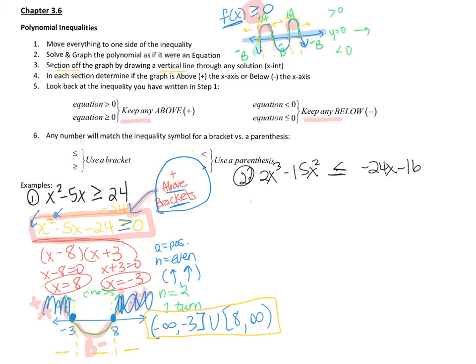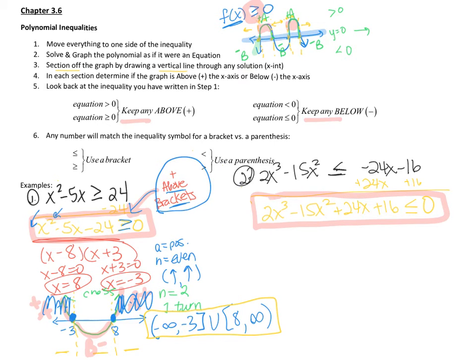So I'm going to move everything to the left. I'm going to add that 24x and add that 16. So my inequality is going to be 2x cubed minus 15x squared plus 24x plus 16 less than or equal to 0. This is the inequality that I'm going to be using for the rest of my problem.